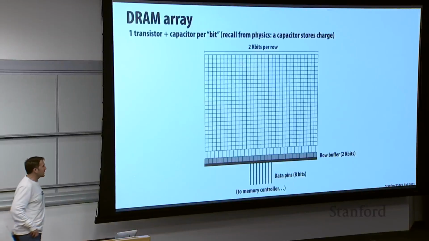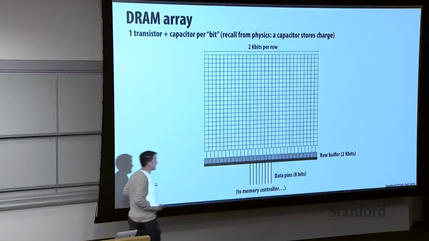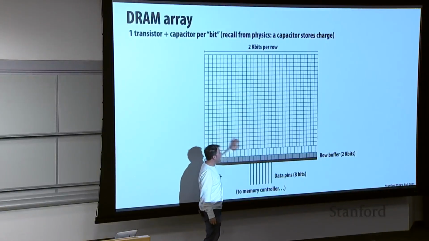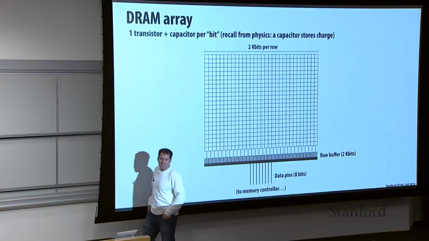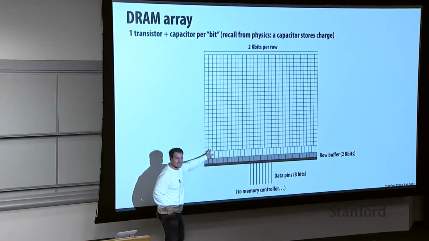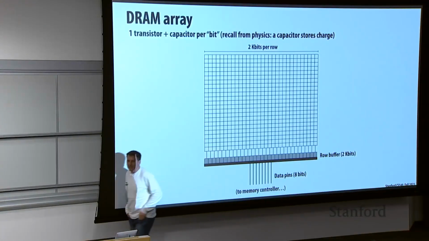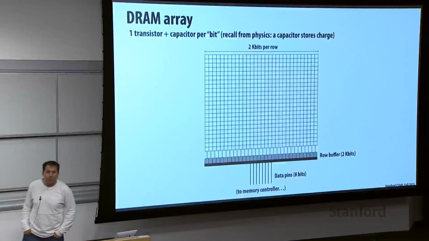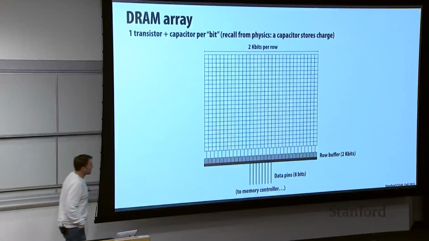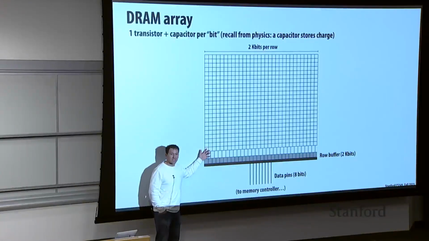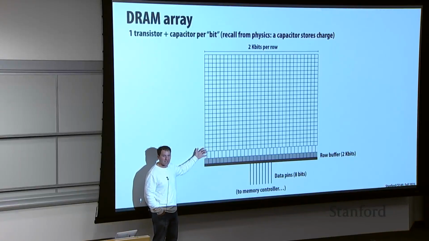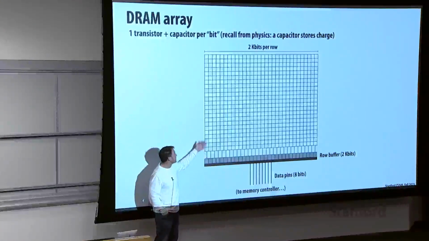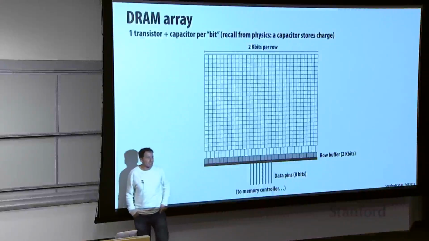And one way you could think about a single DRAM chip is as a big array of memory cells. So every box on this diagram you can think about as holding a bit. And this is a memory cell, so we're actually working in the analog world at this point. And how do you think a bit is represented? By an amount of charge stored in each of these cells.